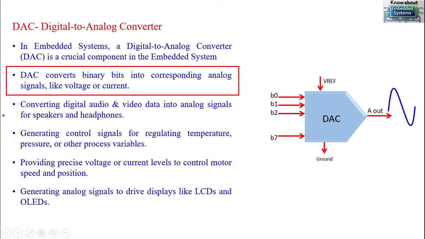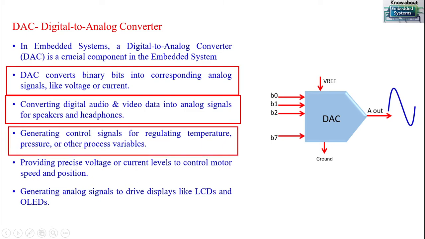The best examples I already told you. We use a DAC in audio and video processing, headphones, speakers, and so on. Along with that, sometimes we want to control motors. In that situation we also use a DAC to produce proper voltage and current ratings to control the motor.